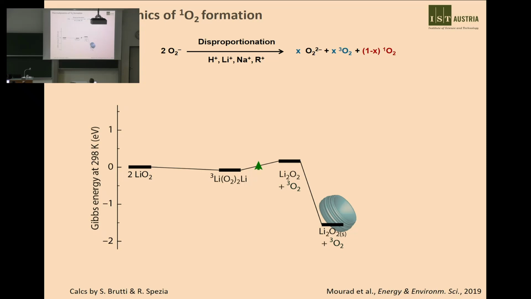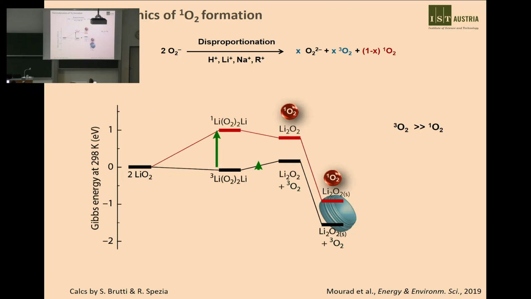We looked at the reaction energies of two lithium superoxides going via a triplet pathway, first towards molecular species in solution, and then towards solid peroxide. The main driving force is really forming the solid peroxide, and there's just a little activation energy here. But for the singlet pathway, which should yield the singlet oxygen, there is quite a big barrier of about an electron volt.